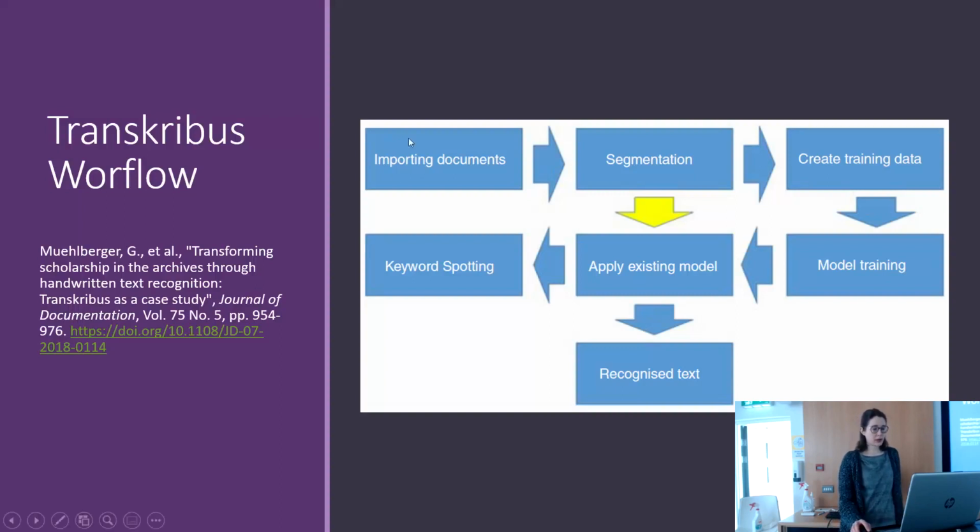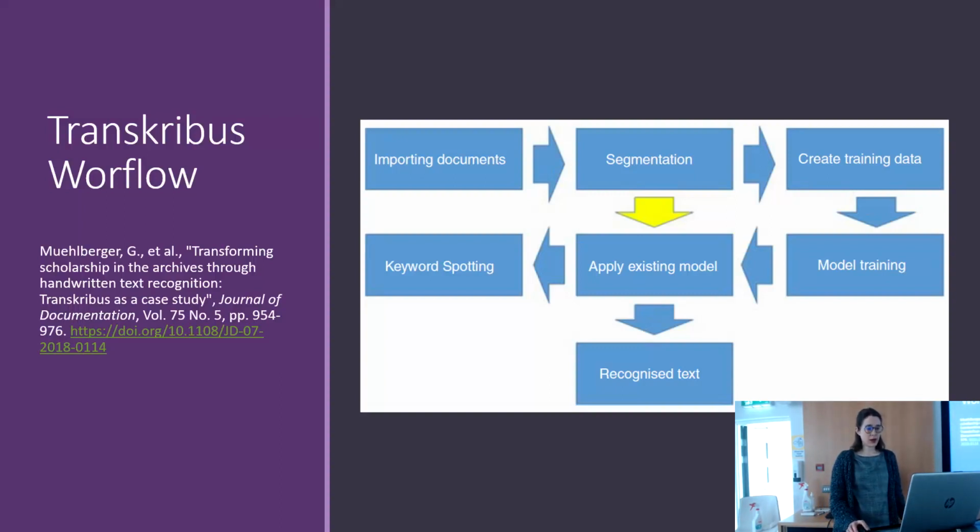So the first step is to import your documents, your images. Then there is the second step, which is the segmentation. I call it layout analysis. The idea is that you need to recognize the text regions and the lines of your documents. And you can do it manually or automatically, as we will see.